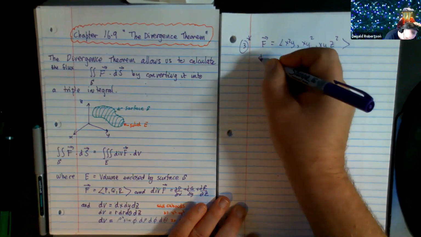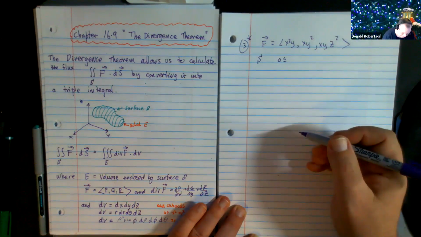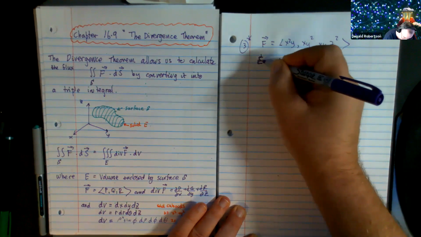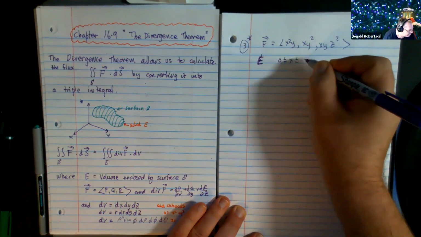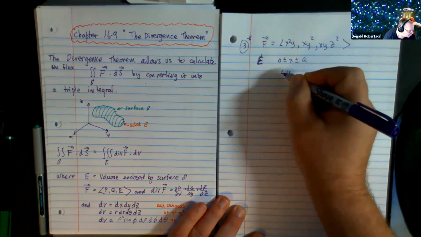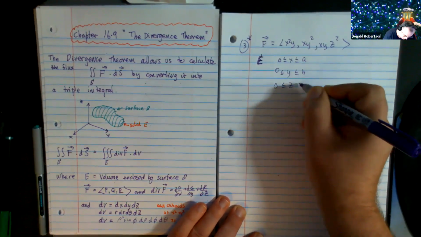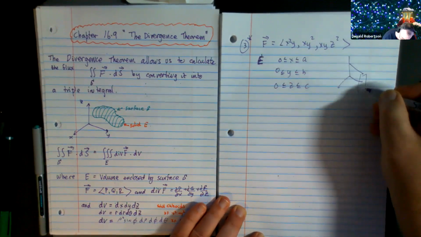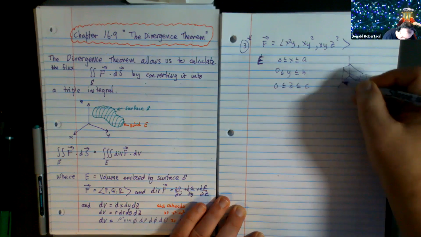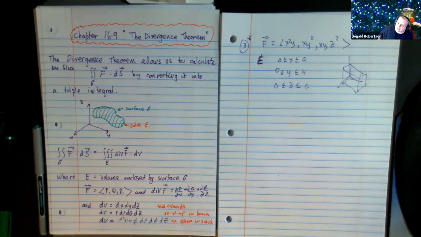And the surface S, well, they call it the surface S, but really it's the region E, which is the inside of it. X is between 0 and A, Y is between 0 and B, and Z is between 0 and C. Can you imagine that that's basically just a cuboid with X, Y, and Z being A, B, and C, fitting inside the first octant.